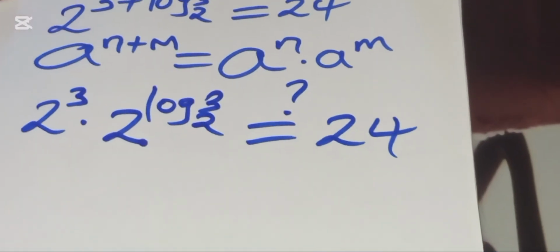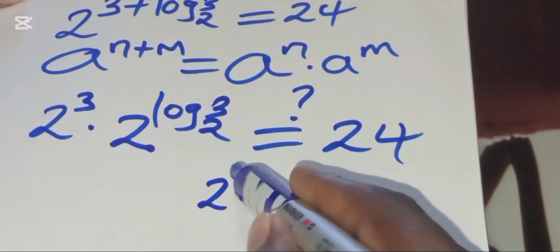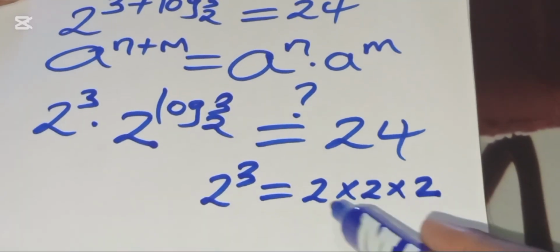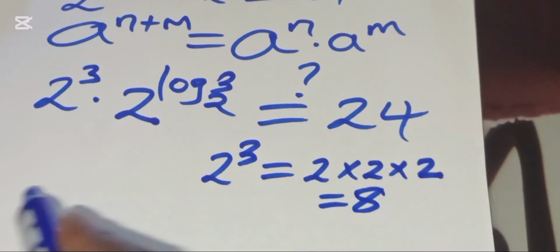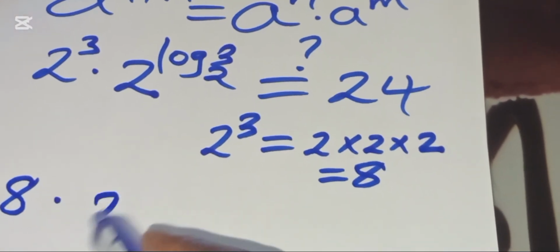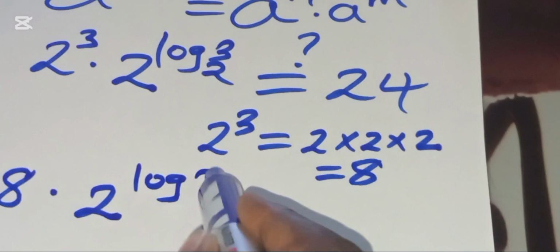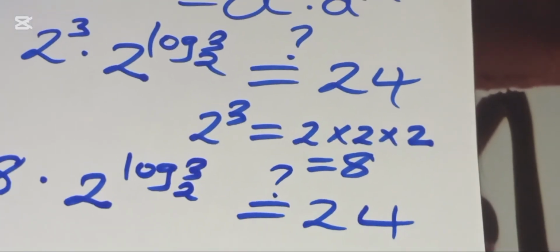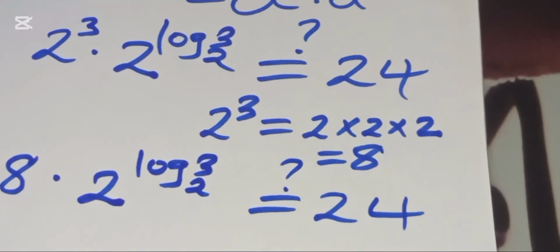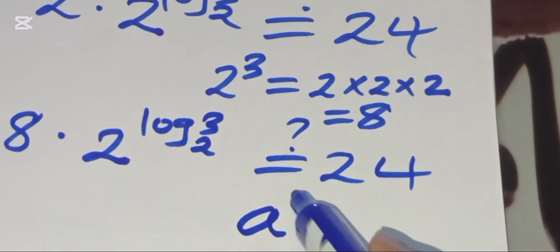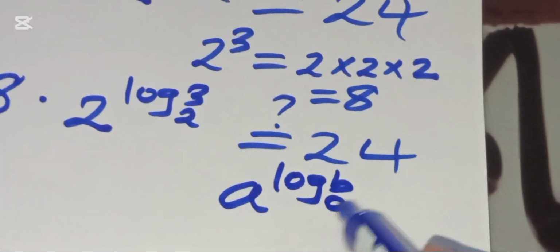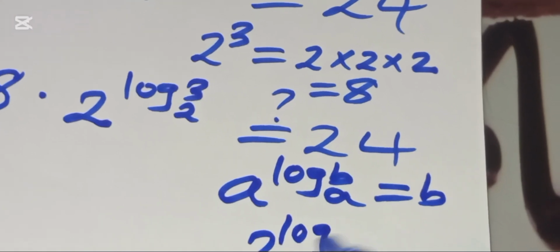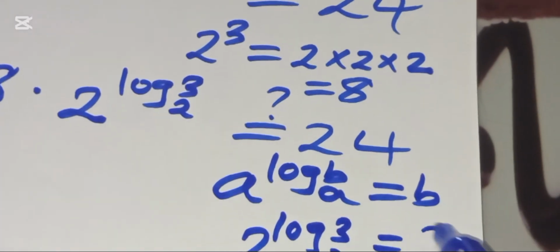So let's check if it is true. 2 raised to power 3 is the same thing as 2 multiplied by 2 multiplied by 2, which is equal to 8. So we have 8 multiplied by 2 raised to power log 3 to base 2. Now 2 raised to power log 3 to base 2 is in the form of a raised to power log b to base a, which is basically equal to b. So 2 raised to power log 3 to base 2 is essentially equal to 3.